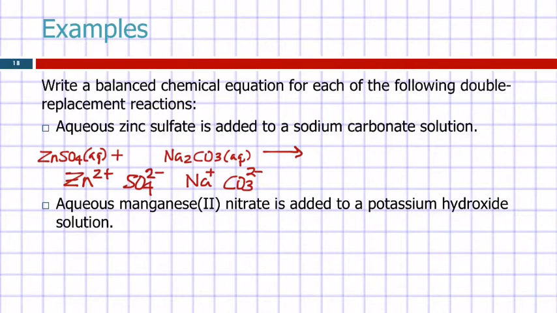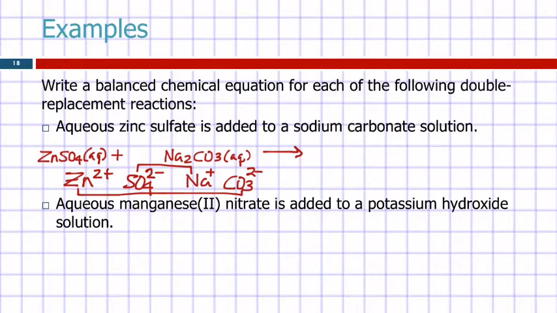It's just that opposites attract when it comes to electrical charges. You can't put a zinc ion and a sodium ion together. They will repel each other because they have positive charges. So it always has to be positive negative. So we're going to try zinc with the other anion, carbonate. And we're going to try sulfate and sodium together. See what happens.